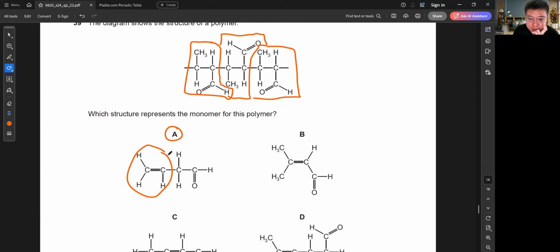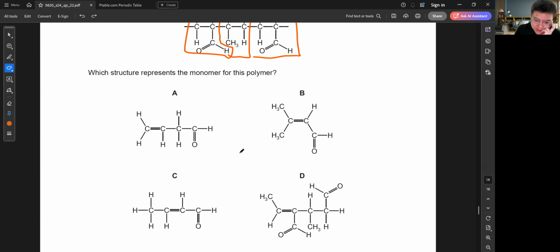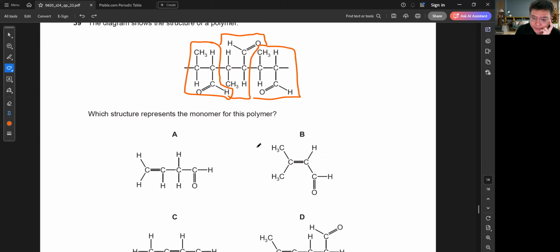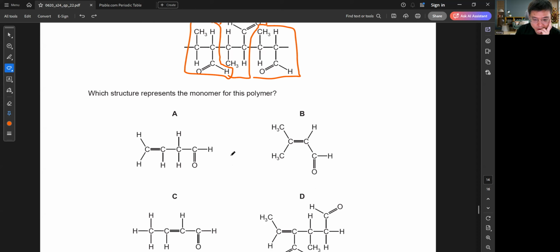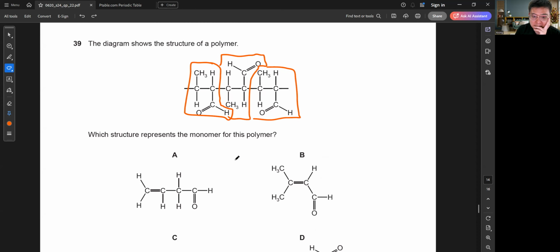This one you see has CH3. Oh, hold up, but they have a double bond here, so it looks a bit dangerous. Oh, yes, but when we say a monomer, the double bond always opens up.